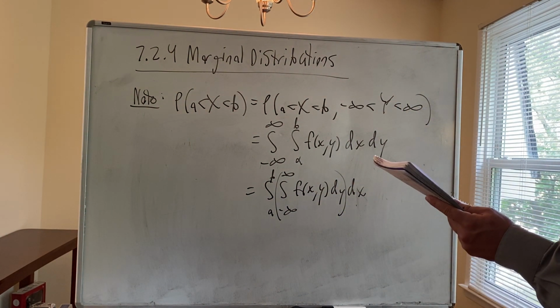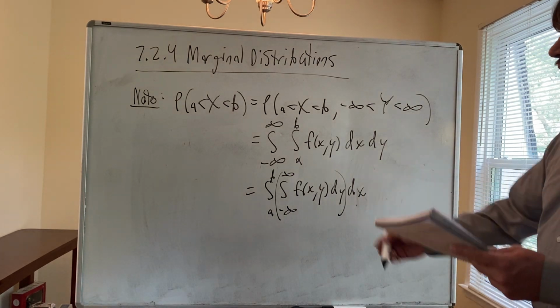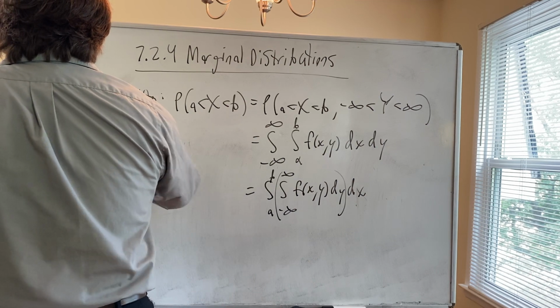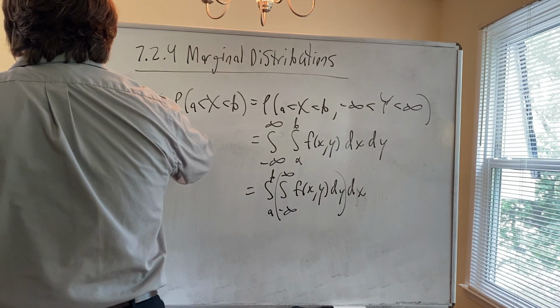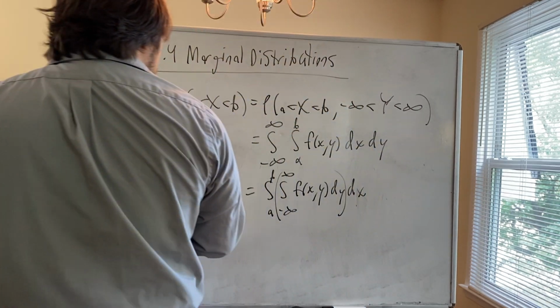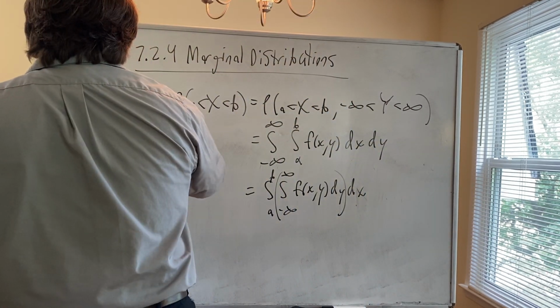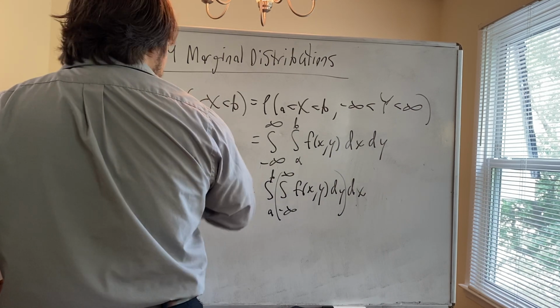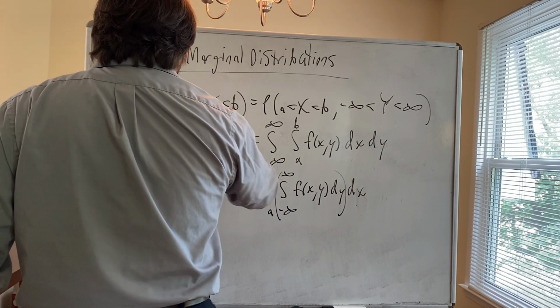Well, what is that? By definition, remember the definition of marginal probability. By our last definition, I'm going to label this as last definition, there's not a new definition. This is f sub capital X of little x is equal to the integral from negative infinity to infinity of f of x comma y dy.